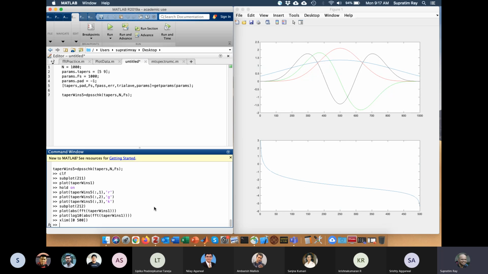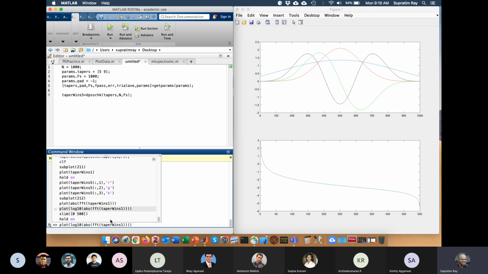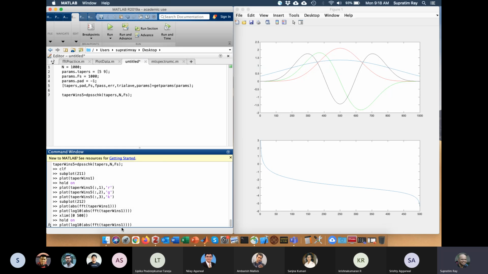And what happens now if I look at the first taper of taper wins 5, which is again the multi-taper with TW set to 5. So hold on here and plot log of the absolute value of the FFT of the first taper, and plot it in red color.